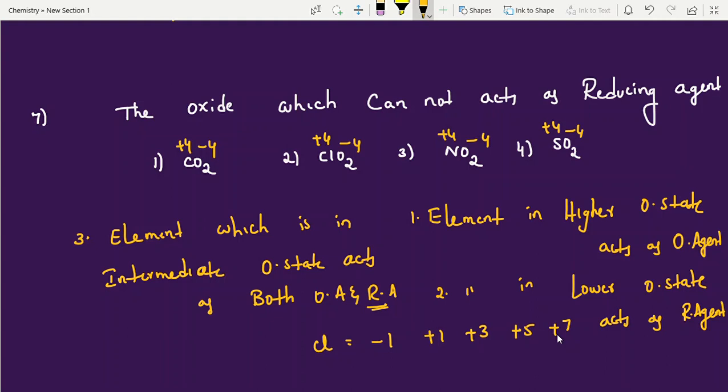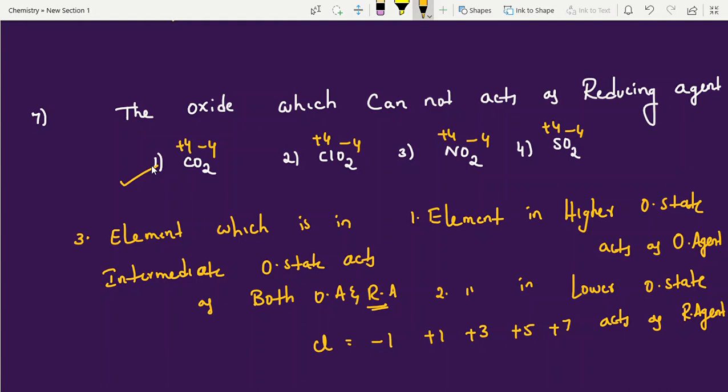Which one? Anyone got the answer? This is CO2. Why CO2? Why not other cases? What I have written: the element in lower oxidation state acts as reducing agent, the element in higher oxidation state acts as oxidizing agent.